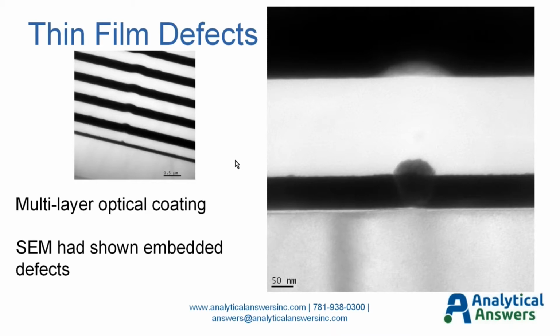And so by moving on to a TEM analysis, we're able to look at that defect with much higher resolution, and we can see that it extends all the way down through the film. Hopefully you can make out the edges of that defect where I've positioned my cursor. Again, we have this projection effect going on here.